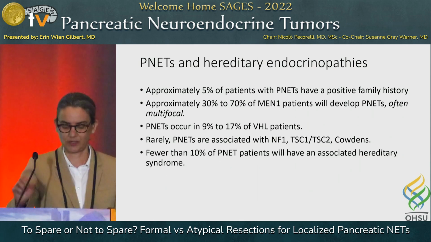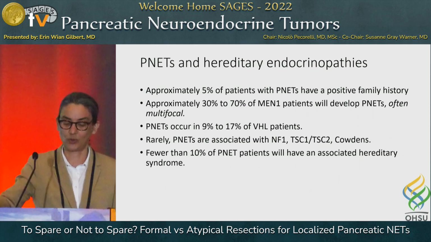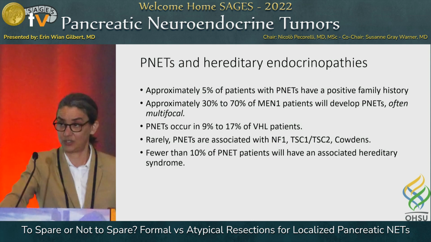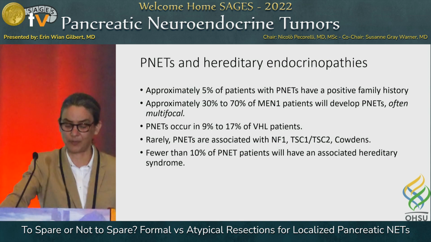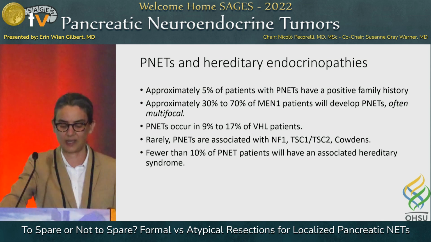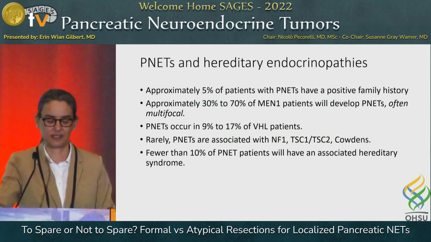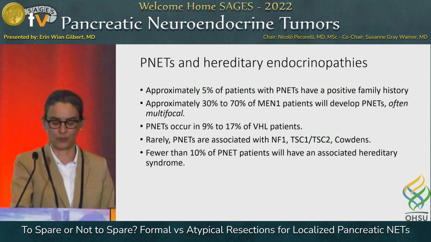So now regarding some of the special context of hereditary pancreatic NETs, approximately 5% of patients with pancreatic NETs have a positive family history. 30 to 70% of the MEN1 population has a PNET, which are very frequently multifocal, and they also occur in 9 to 17% of von Hippel-Lindau patients.